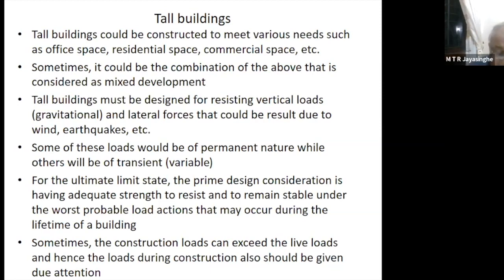And at the locations it can never fail, just have the marginal design so that you have the normal factor of safety. Don't over-design locations that can never ever fail, but always think of having a little extra capacity at the places where the structure can fail. So always keep this in mind.